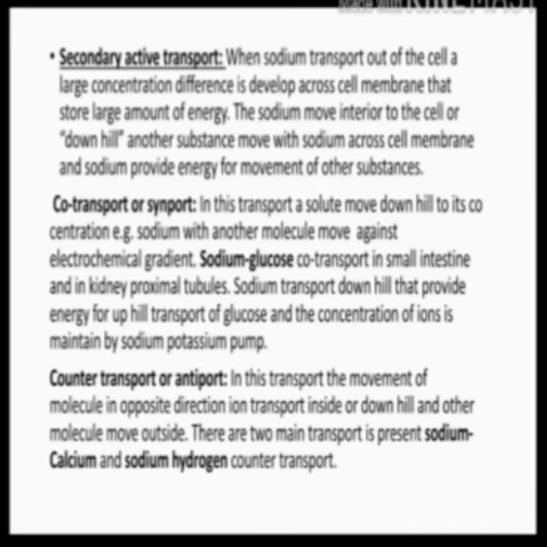Sodium transport downhill to its concentration provides energy for glucose that is transported uphill against the electrochemical or concentration gradient. And after that, the ionic concentration across the membrane, outside or inside, is maintained by the sodium-potassium pump.